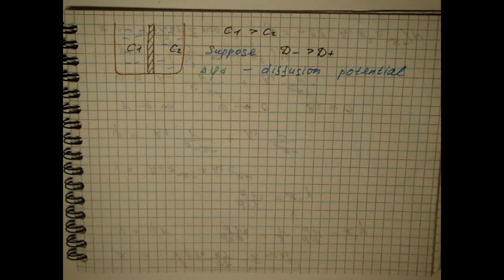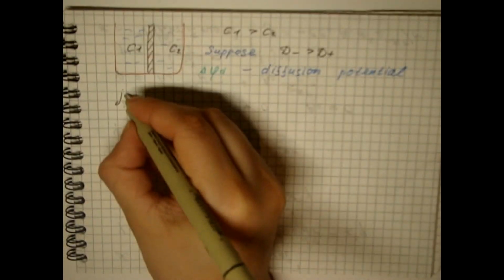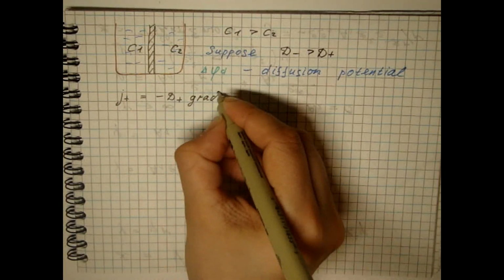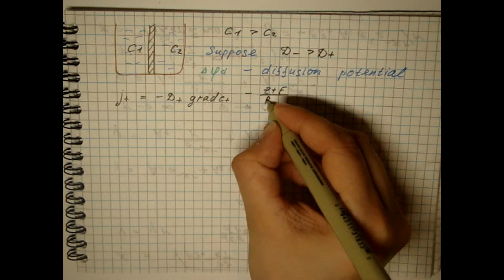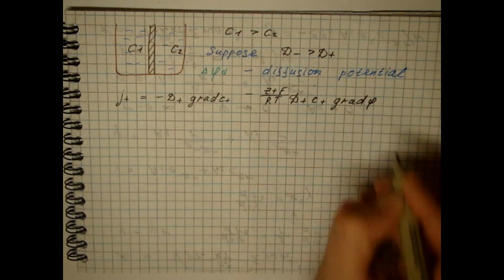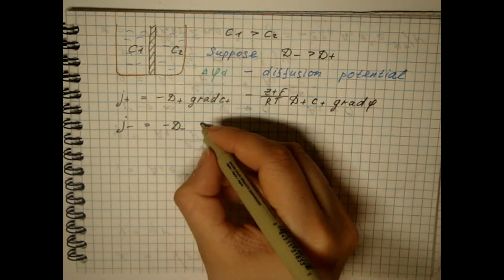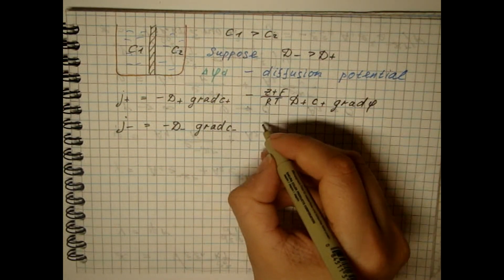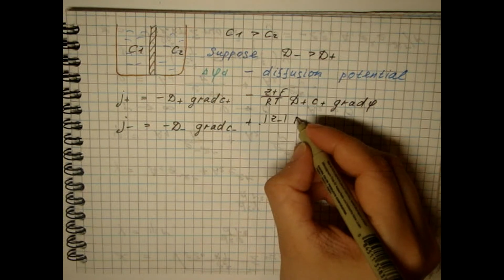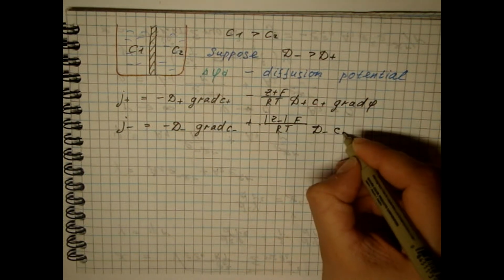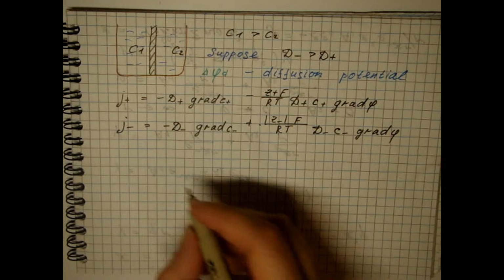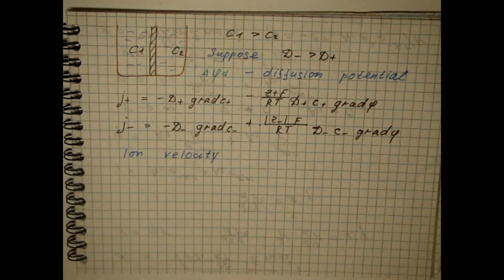Assume that the Nernst-Einstein equation is valid not only in an infinitely dilute solution, but also at finite ion concentrations. Then, for the general flows of cations and anions, we obtain the ion velocity can be determined by the relation.